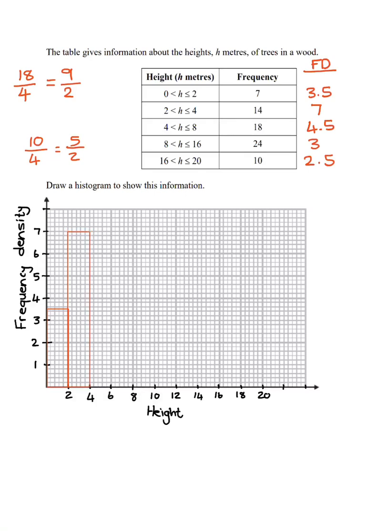So there. The next bar goes from 4 to 8, all the way up to 4.5. So from 4 to 8, all the way to 4.5, which is there. And the next one from 8 to 16, and we want to go up to 3.